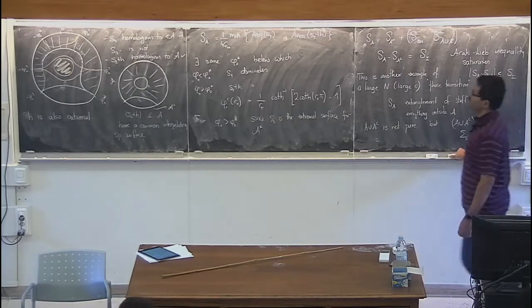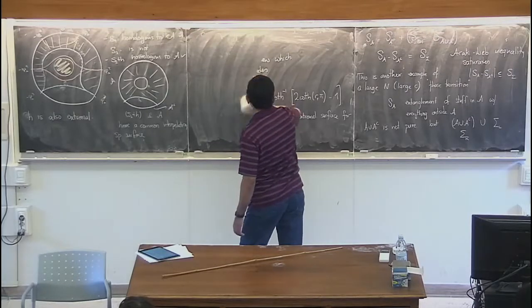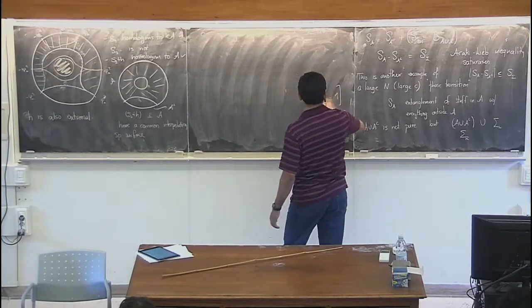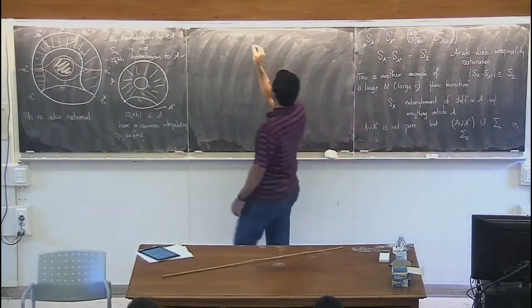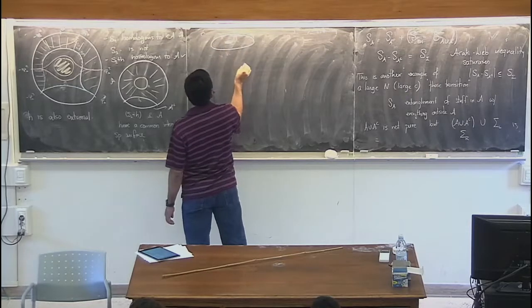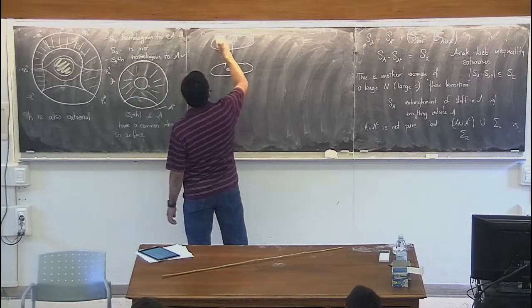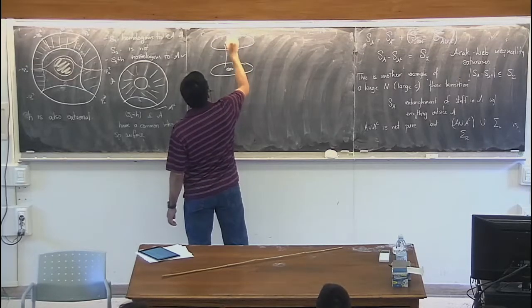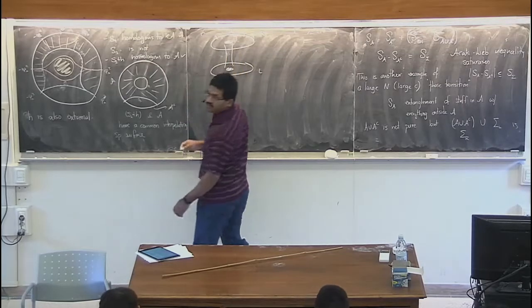In this ER equals EPR, in this wormhole sense, this is the right theory, this is the left theory.